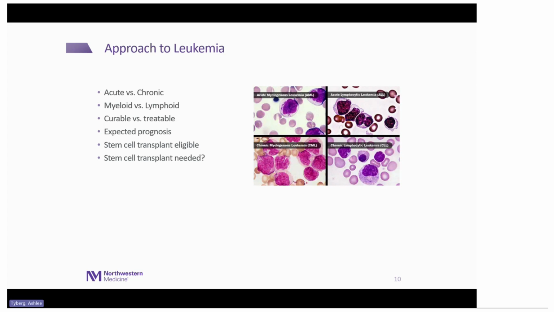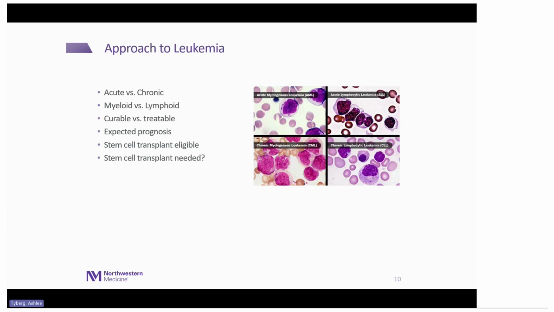Some of them have better prognosis, some of them have a worse prognosis. Some we consider curable, some we consider treatable. And you've got to work with your doctor to understand what is the expectation from a diagnosis of one of these things. And so the expected prognosis is important. Can it be cured? In hematologic malignancies, oftentimes, or at least sometimes, we have to consider, is stem cell transplant part of the treatment?